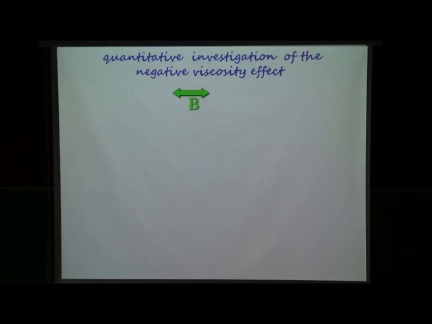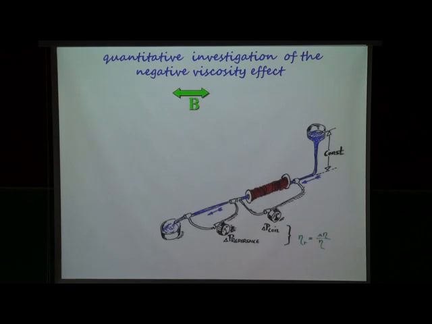Now, to a quantitative investigation of the negative viscosity effect, we performed an experiment to measure this negative viscosity effect, and because we were only the second, due to some misunderstanding, we had to do it very quantitatively.